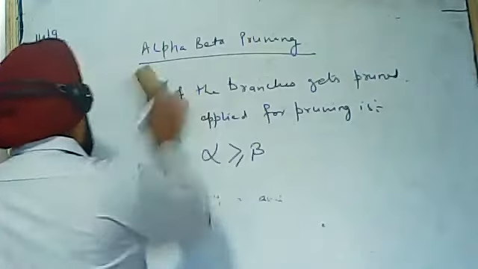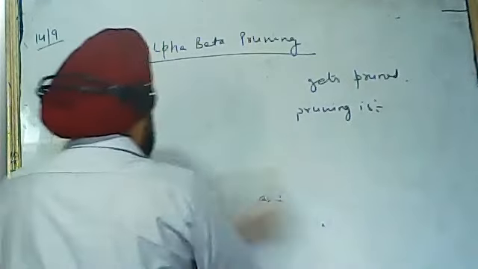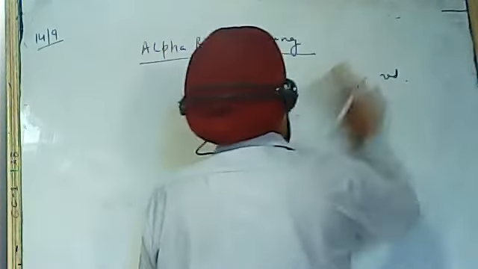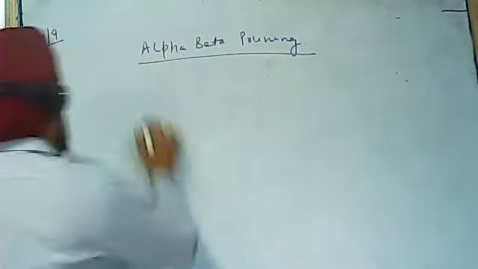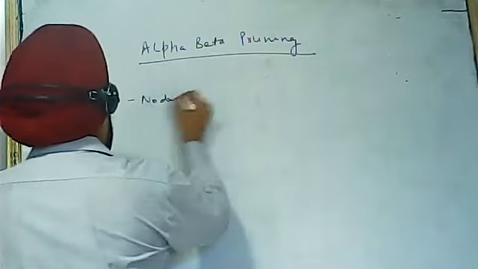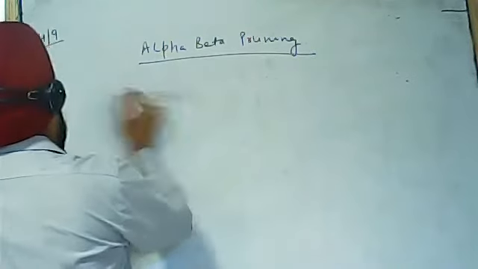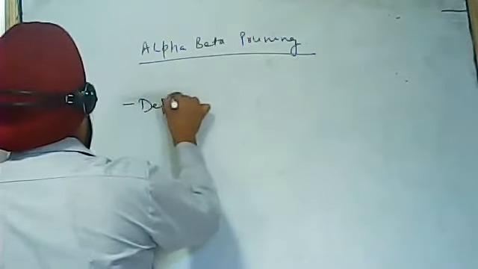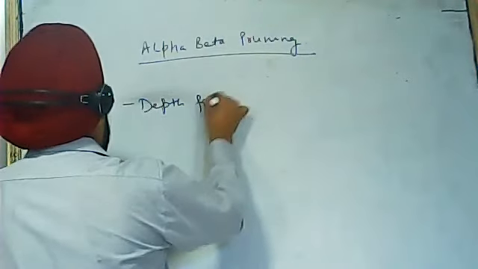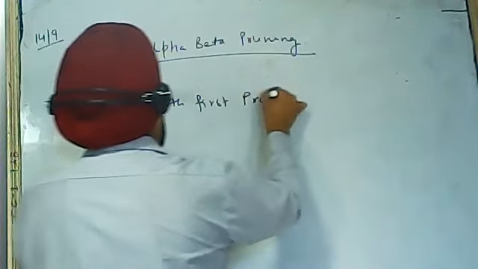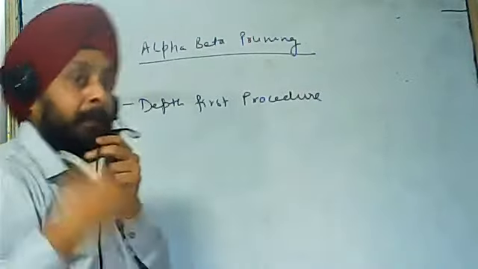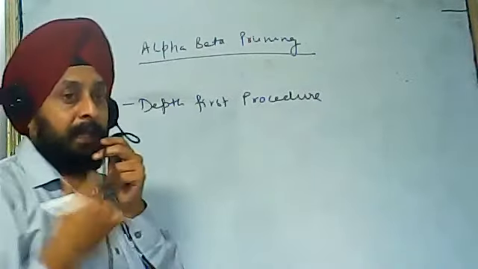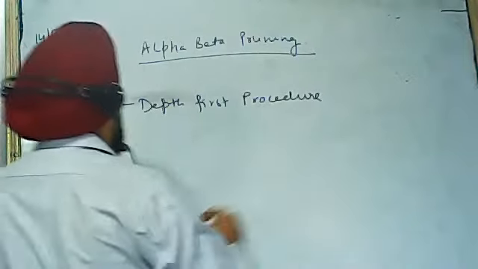And the points that we have to remember while solving the game tree according to alpha beta pruning are: we have to follow the depth first procedure, because min max is depth first search but depth limited. That depth limited is implemented through alpha beta pruning.